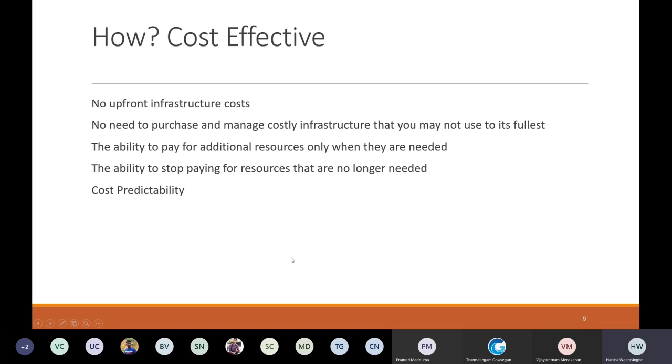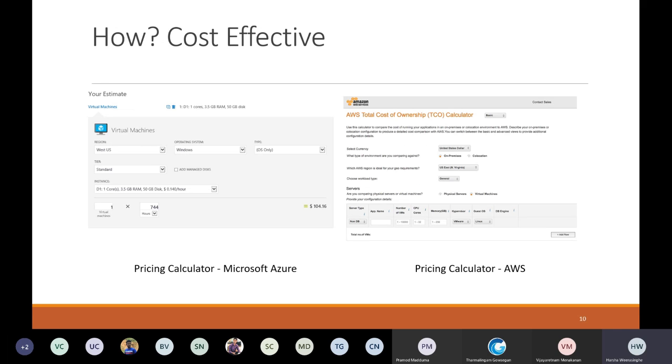This cost effectiveness is one of the main advantages that we have when compared with an on-premises data center. And I'll show you how this cost predictability works. This screenshot is from Azure. They have a module called Azure Pricing Calculator, and this is from AWS.